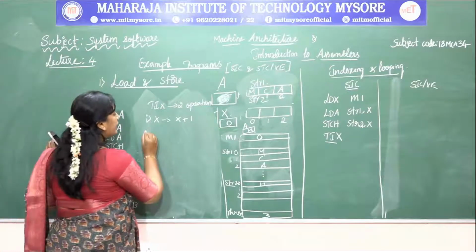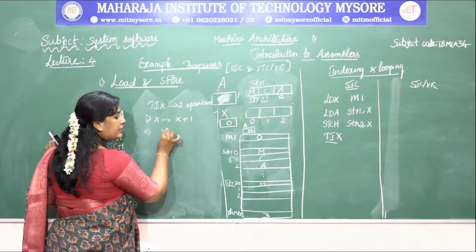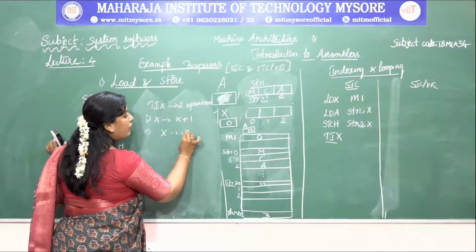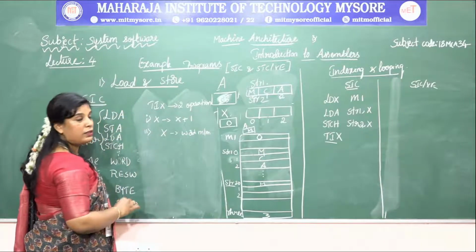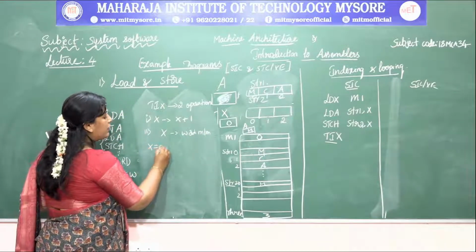At the same time, it compares that index register value with a word in memory. What is the index register value now? 0.